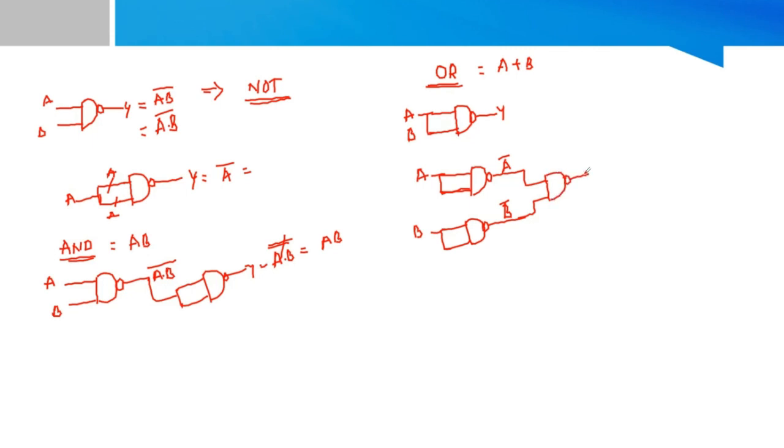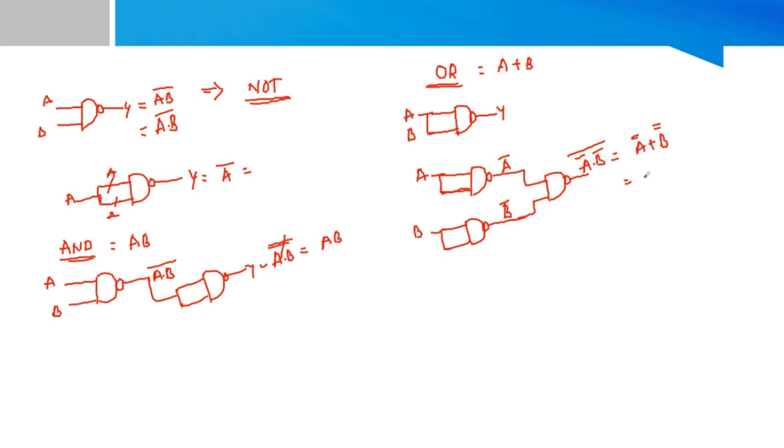NAND gate. So here what you will get is A bar into B bar, whole bar. Here we apply De Morgan's theorem. Split the bar: A double bar, the product will be replaced with addition, B double bar.